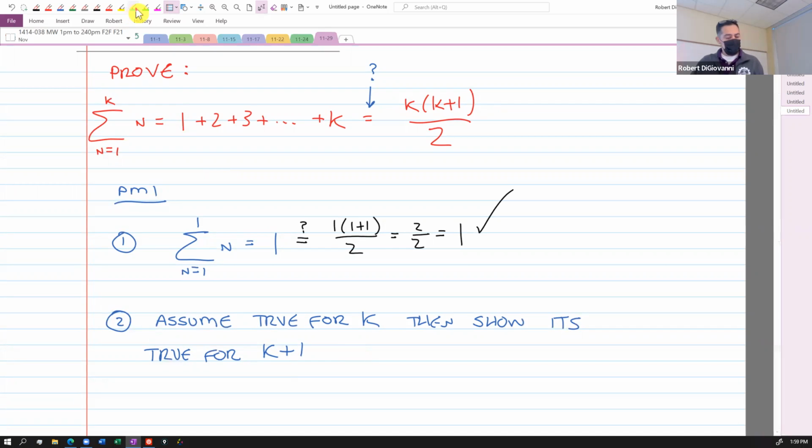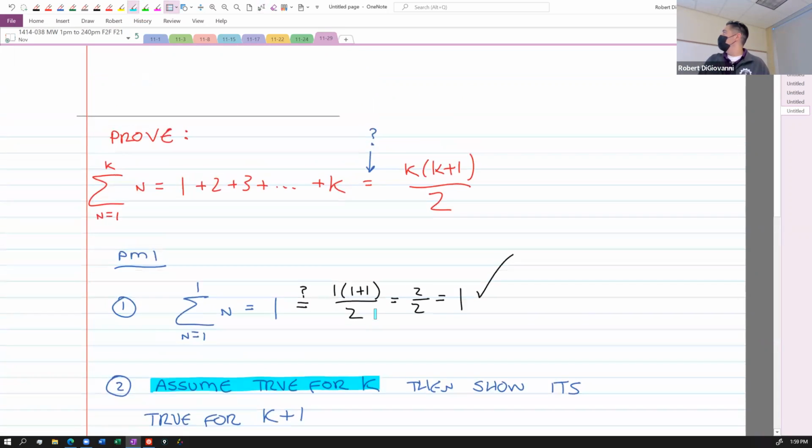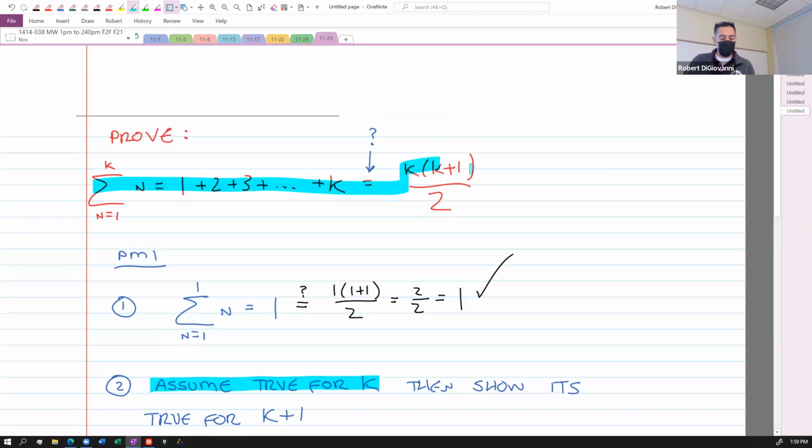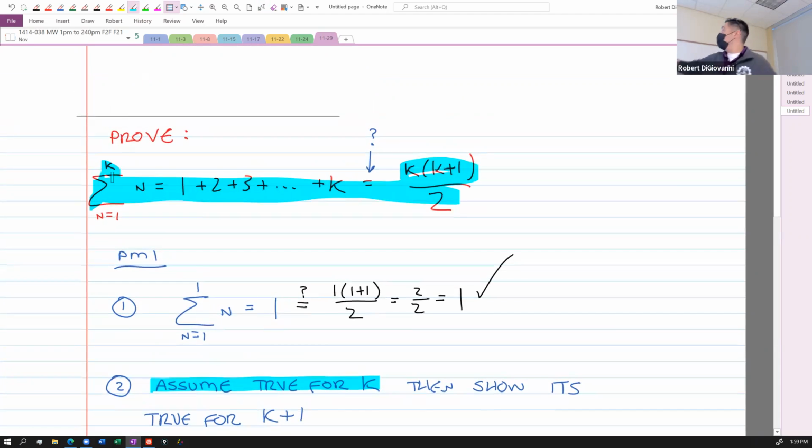So first things first, let's assume it's true for k. So I'm assuming that this is true only for k, though. So that formula is true, but only for k. Now I have to show that it will give you the correct answer for k plus 1.